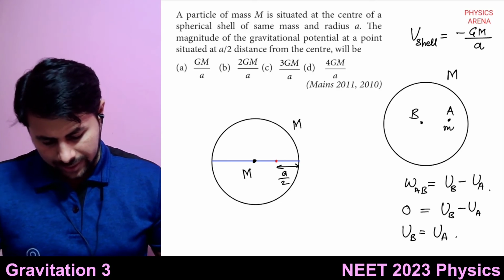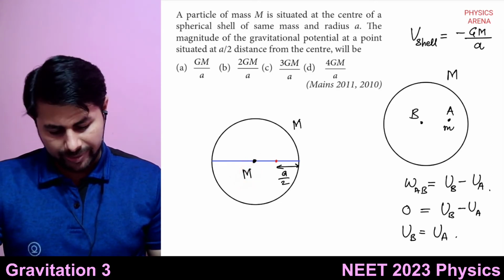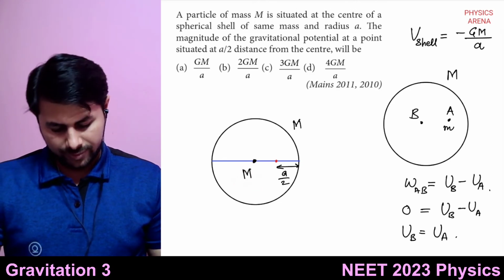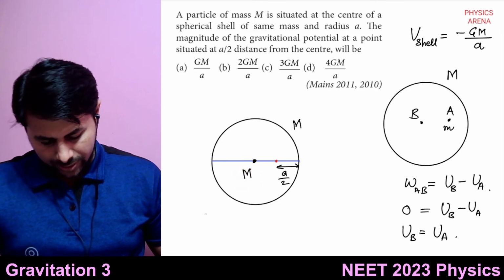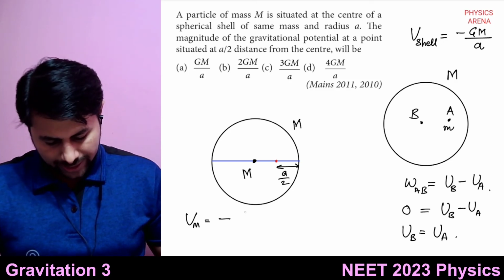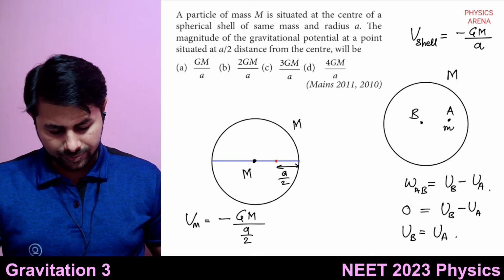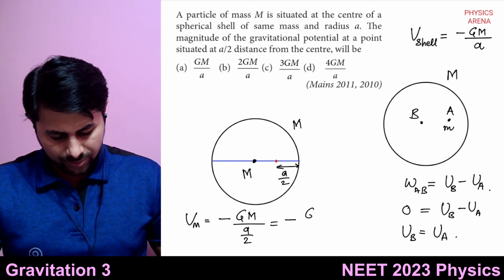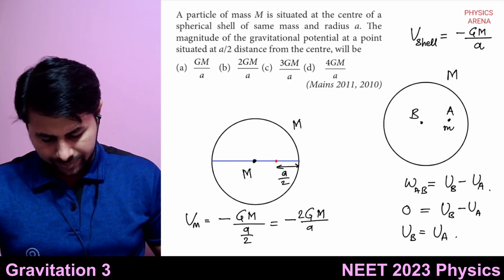And there will be some potential due to this mass. How much will that be? The potential due to the mass M, which is at the center, is minus GM divided by a by 2, or minus 2GM divided by a.